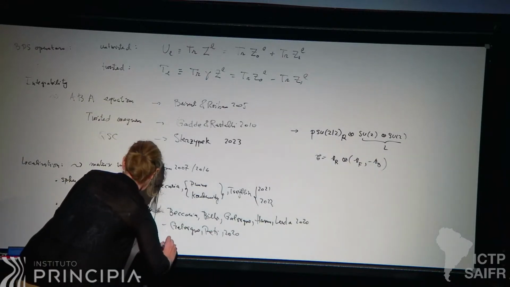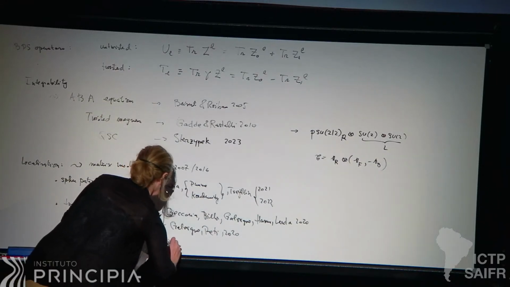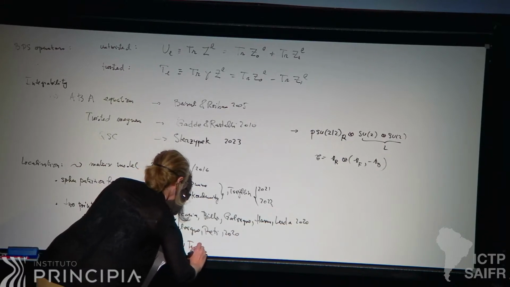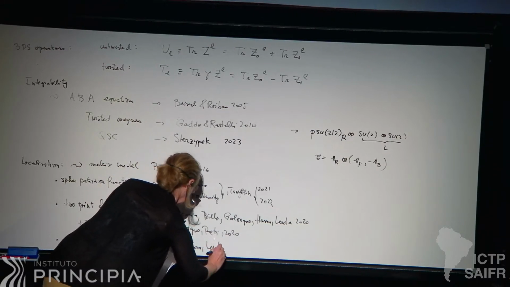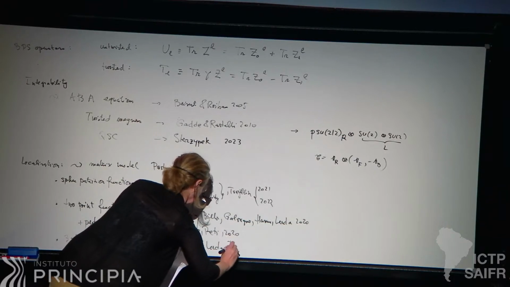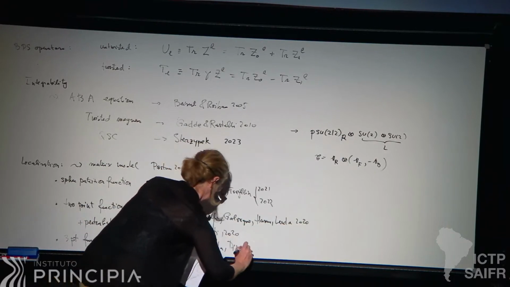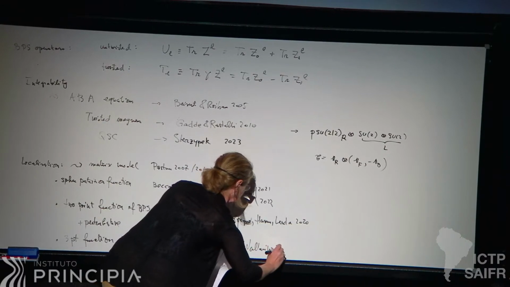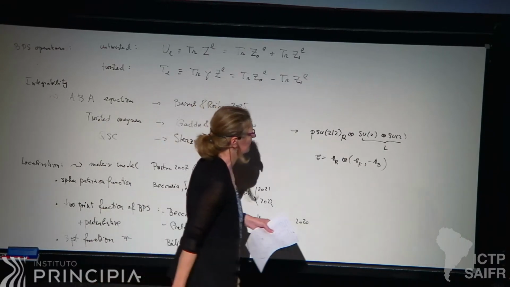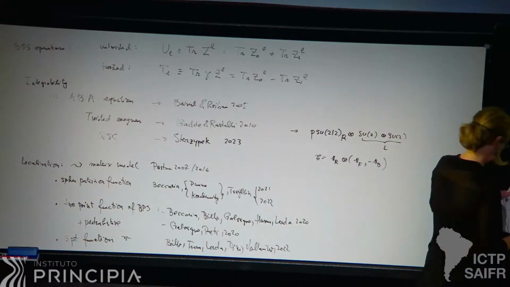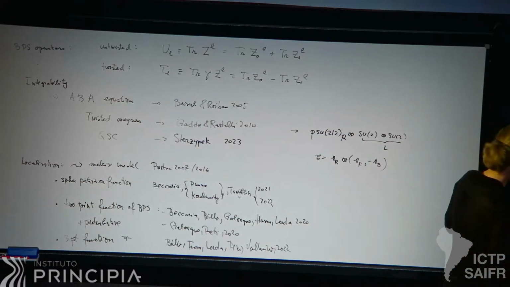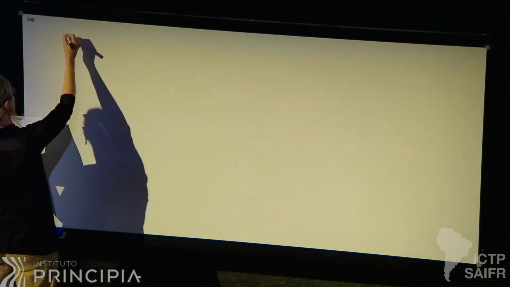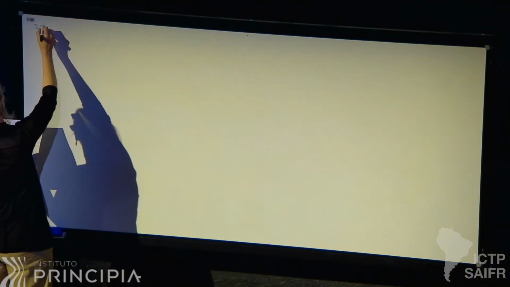So it was obtained by Billo, Frau, Lerda, Pini. So I will give now the results of these computations. So let's first look at the two-point functions.